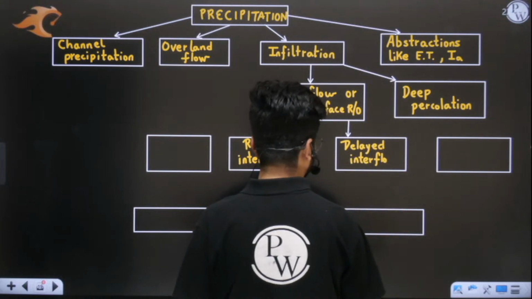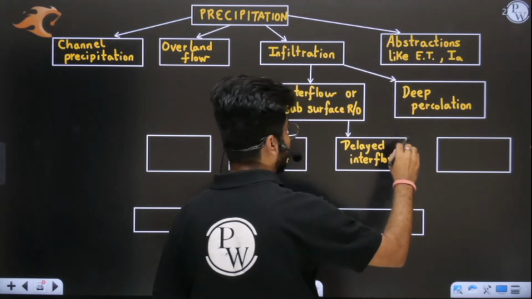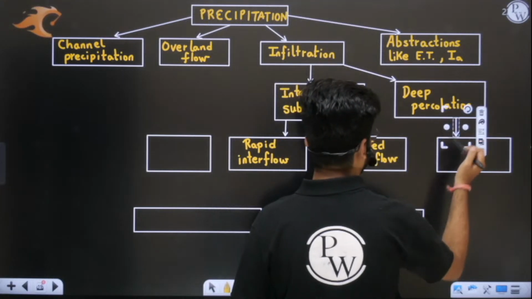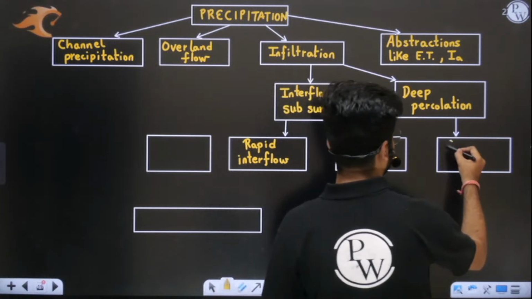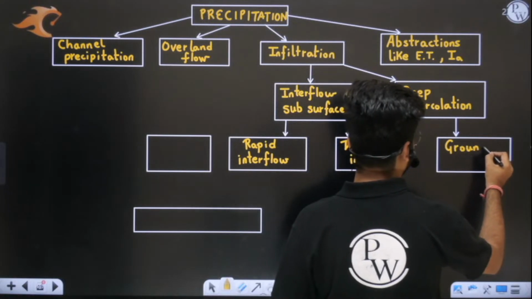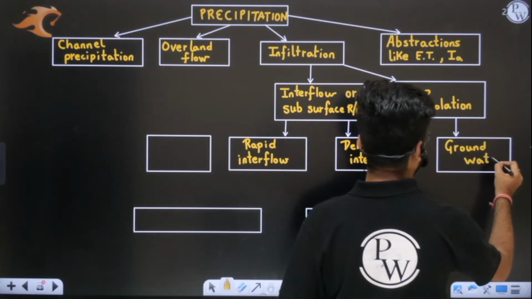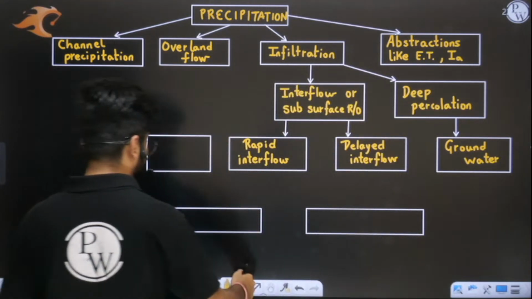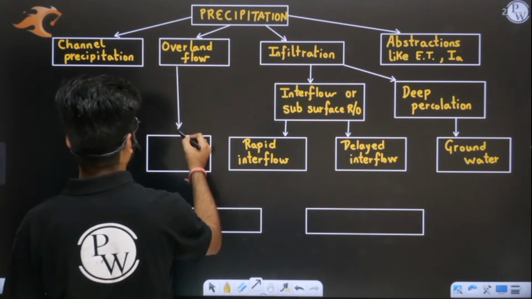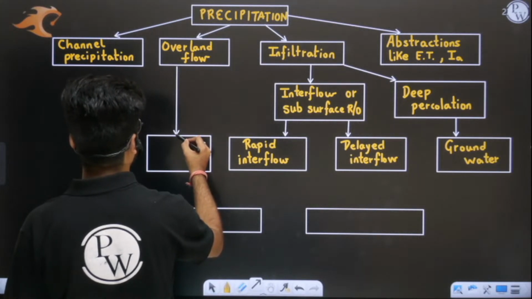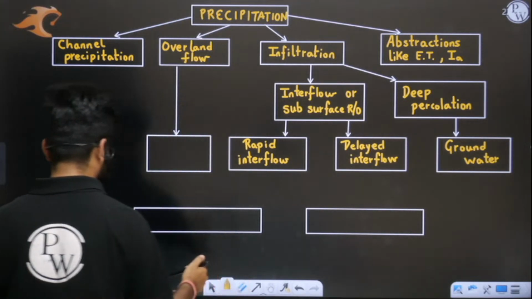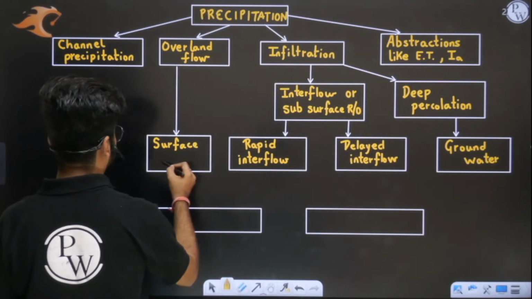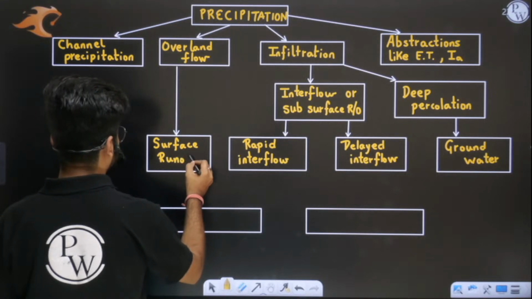Okay, no problem. Then we have deep percolation. Whatever water goes deep inside will ultimately join groundwater only. Yes or no? Now, whatever water will be flowing over the land, that is surface runoff.